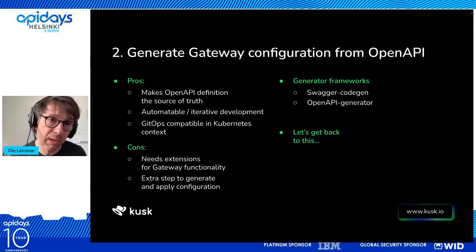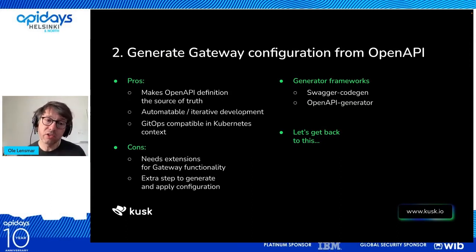Second approach, as I mentioned, is generating your gateway configuration. So you have some tool like Swagger Codegen or OpenAPI Generator, and I'm sure there are others out there, that takes your definition and generates the configuration for your gateway. And this is good in the sense that it would allow you to automate that generation as part of your workflows, and it plays nicely with GitOps, which is all the rage, or a great thing in the Kubernetes world.